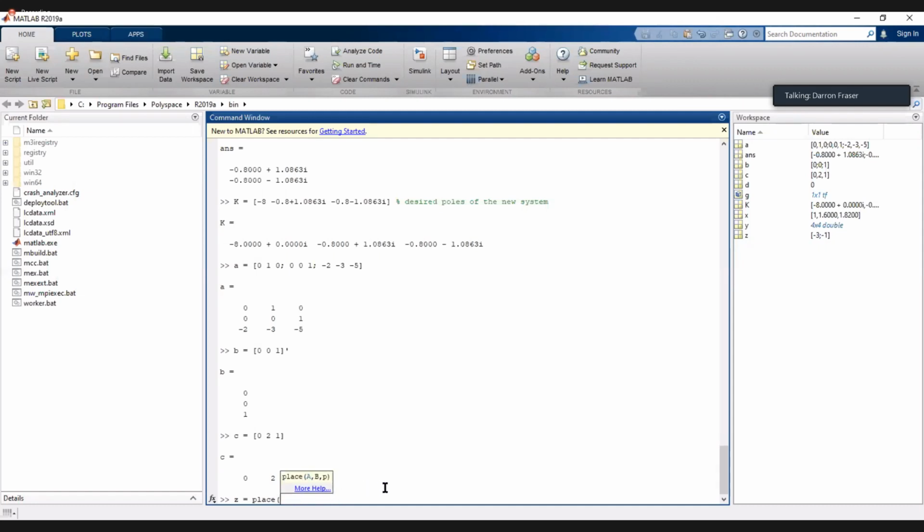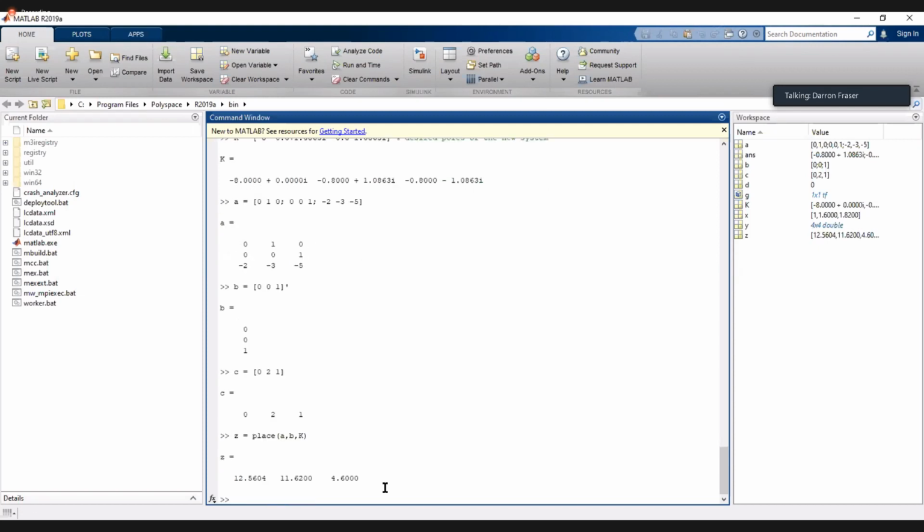So Z equals place, open bracket, A comma B comma, we use capital K. Those values that you get there now are the gains for the system that you would need to work out.